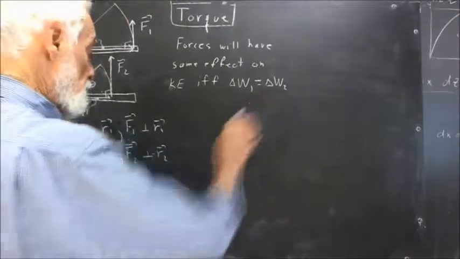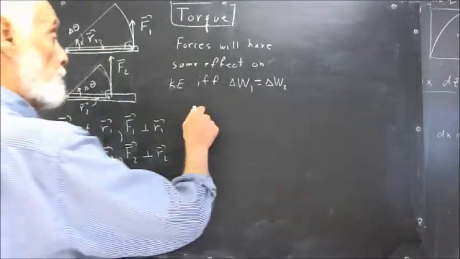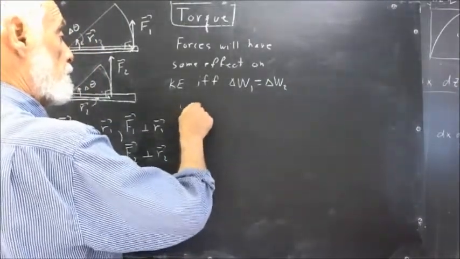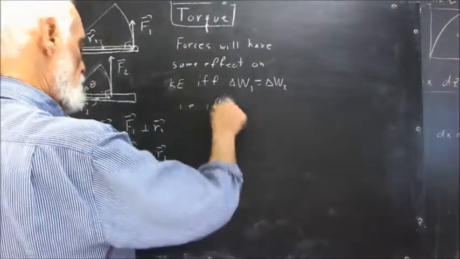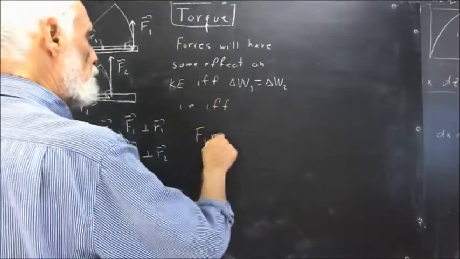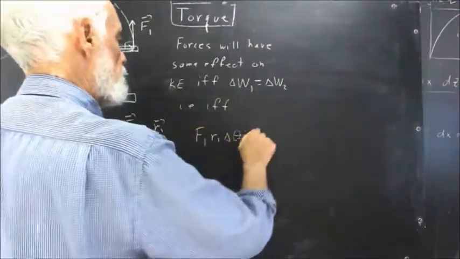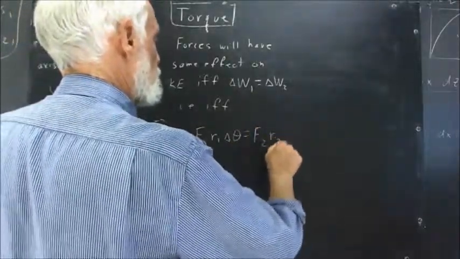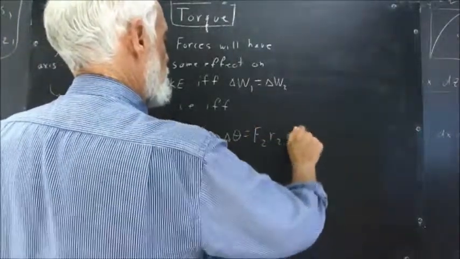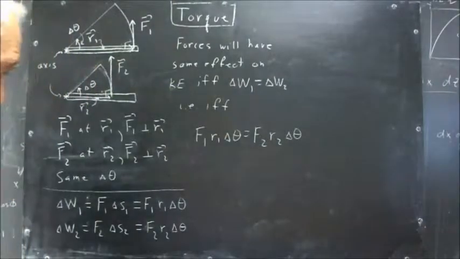Well, delta W1 equals delta W2 means F1 R1 delta theta equals F2 R2 delta theta.